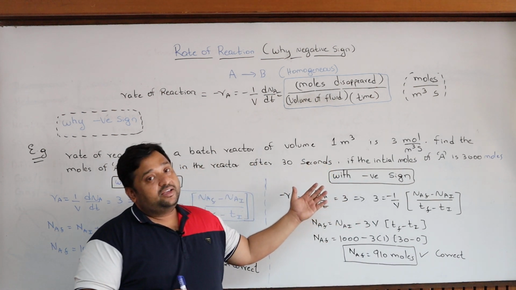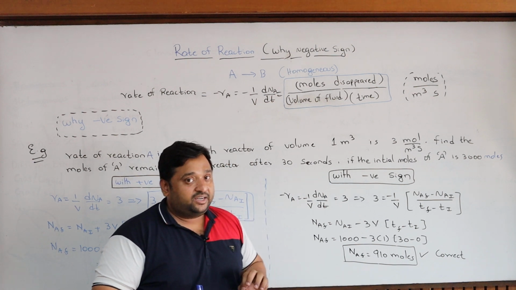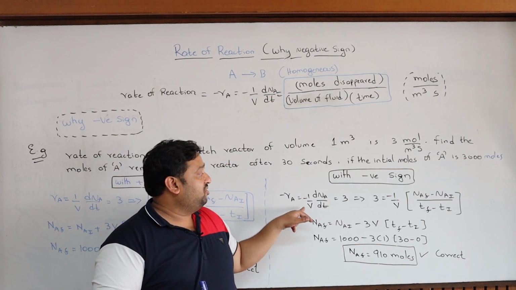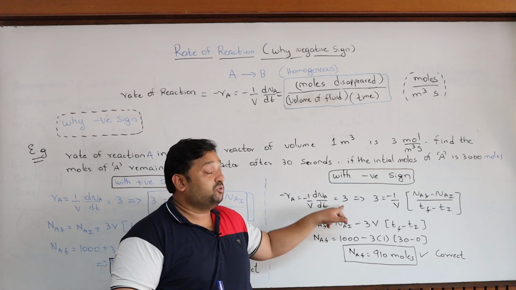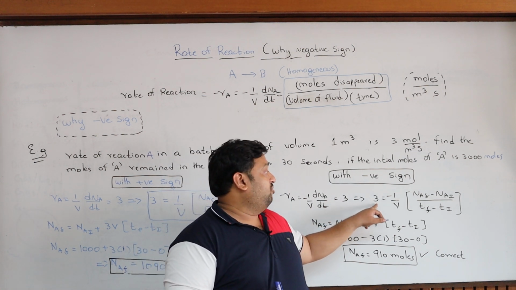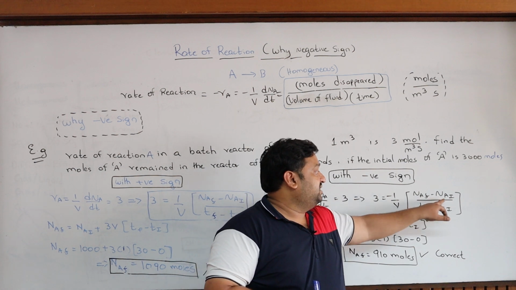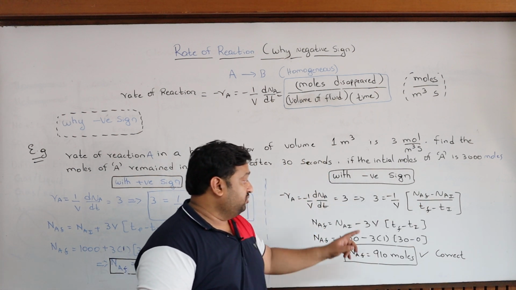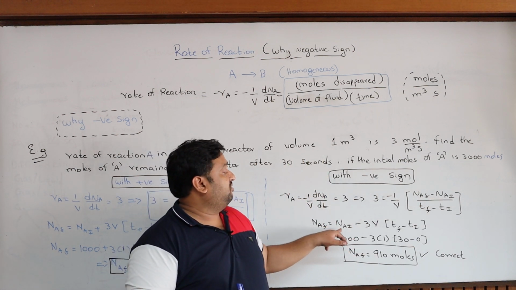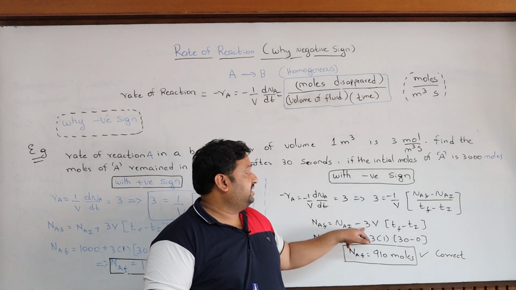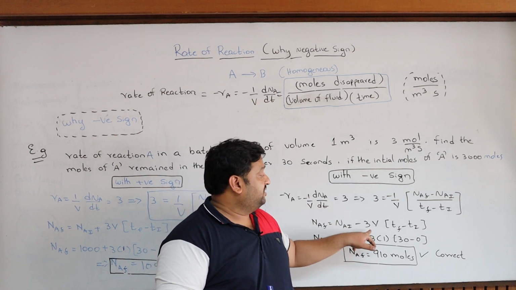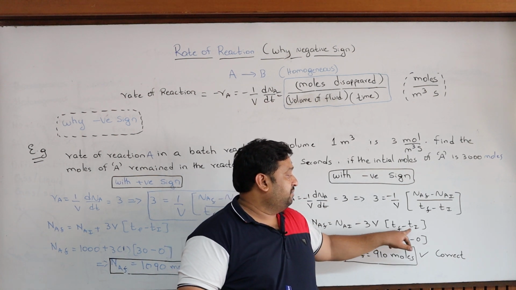In the same way, if I take a negative symbol in the rate, minus Ra is equal to minus 1 by V into dNA by dt, which is equal to 3. That means 3 equals minus 1 by V into Na final minus Na initial by t final minus t initial. If you do this, Na final is equal to Na initial minus 3 times V into t final minus t initial.